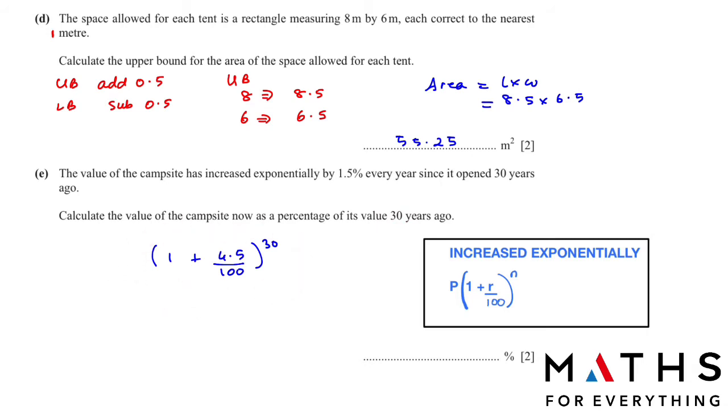They want the answer in percentage form. So whatever answer you get, because they want it in percentage form, you will have to multiply by 100. This will be 1.563 multiplied by 100, giving us 156.3%.